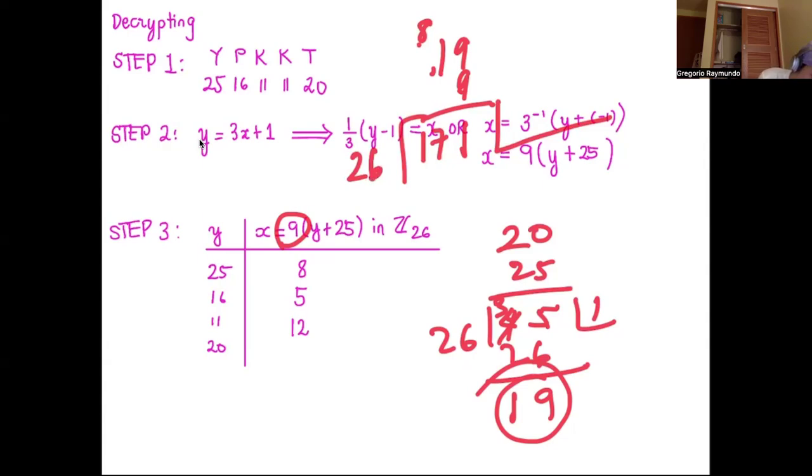Let's try 9, and then 8, 7, 7. 26 times 7, 6 times 7 ay 42. 42, 2 carry 4, 14, 14 plus 4, 18, sobra.